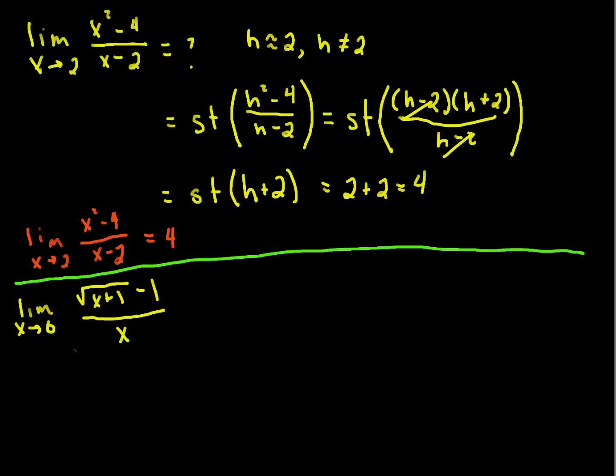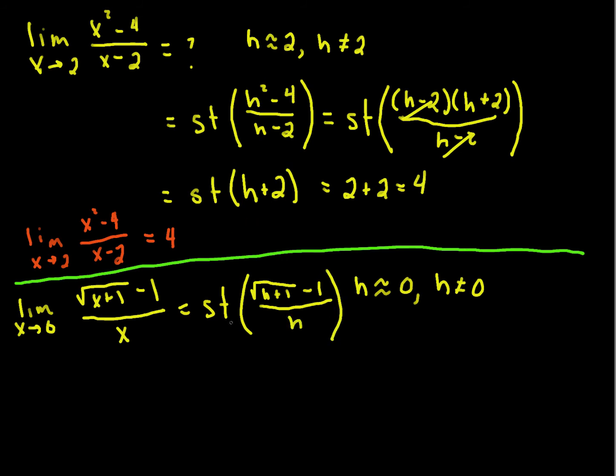So if I want to compute this limit, what is it equal to? Well, over here, I'm going to let h be infinitely close to 0, but not equal to 0. So it's an infinitesimal. And this limit would be the standard part, provided it exists, of the square root of h plus 1 minus 1 all over h.